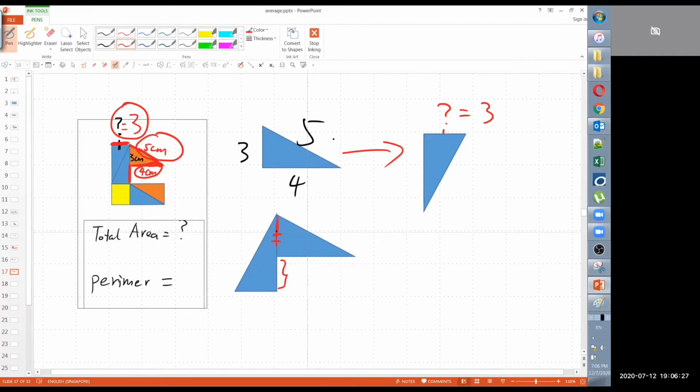What is this? Question mark is from... Hey, I moved down from here only. 3.